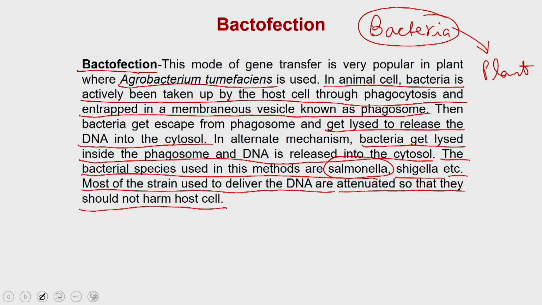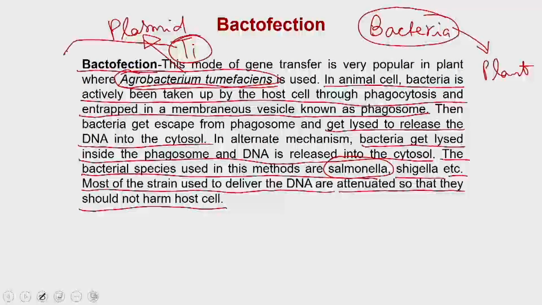Whereas in the case of Agrobacterium tumefaciens, it has its own plasmid, which is called the Ti plasmid, and people use the Ti plasmid to clone the recombinant gene which they would like to transfect into the plant. So what they do is they first clone the gene into the Ti plasmid, and then they transform the Agrobacterium tumefaciens with this recombinant Ti plasmid.